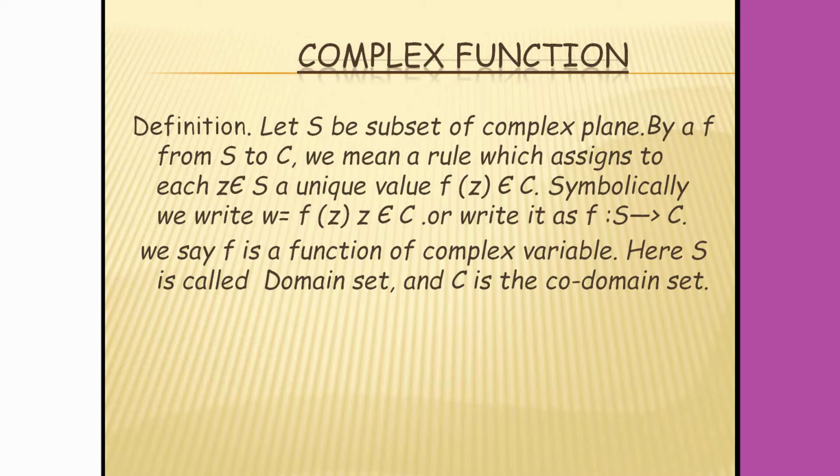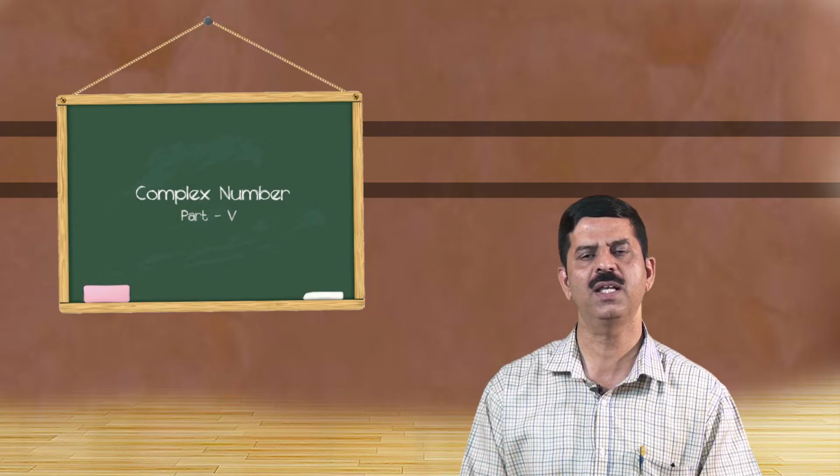I have taken two sets: S, which is a subset of the complex plane, and the set of complex numbers C. A function f from S to C means that every element in S has a unique correspondence in C.